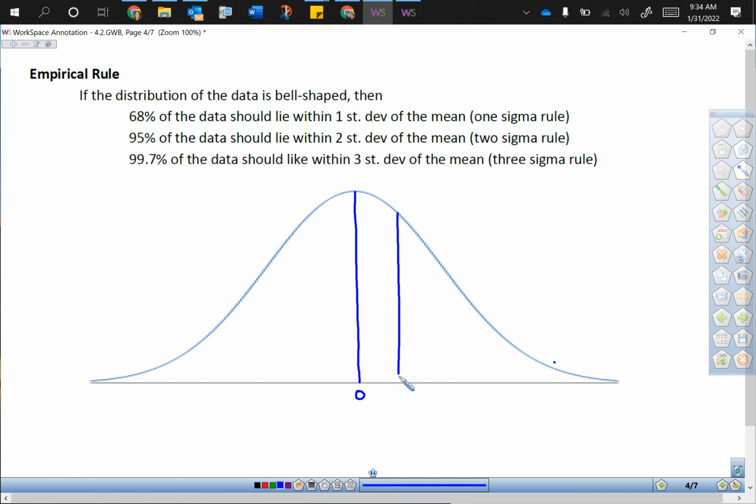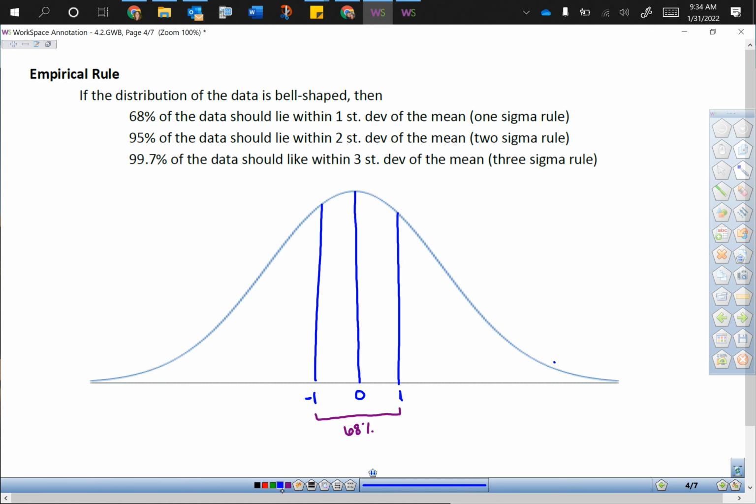So here is 1 standard deviation, and here is 1 standard deviation. So if I am 1 standard deviation higher than the mean, or 1 standard deviation lower than the mean, 68% of my data lies in that section right there. Are we okay with that?